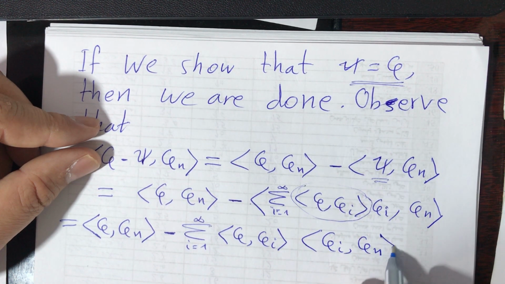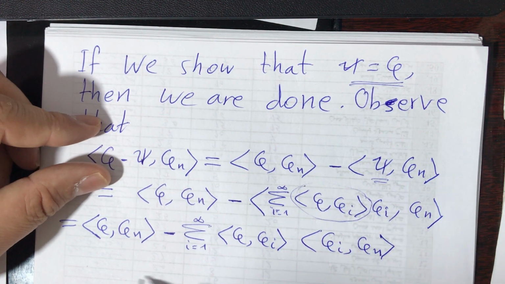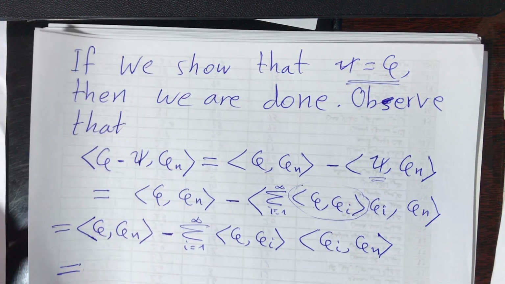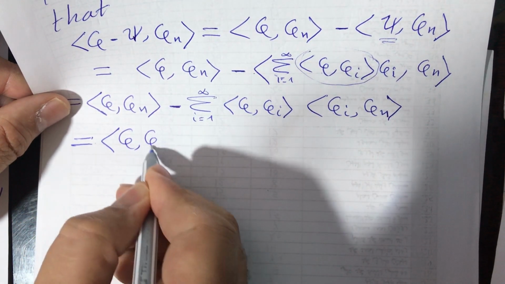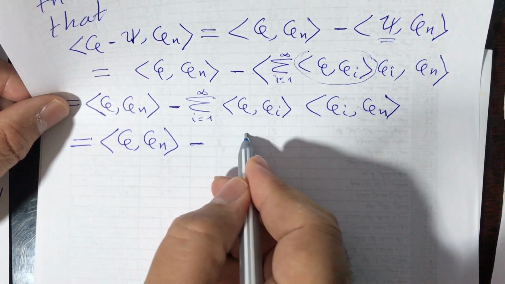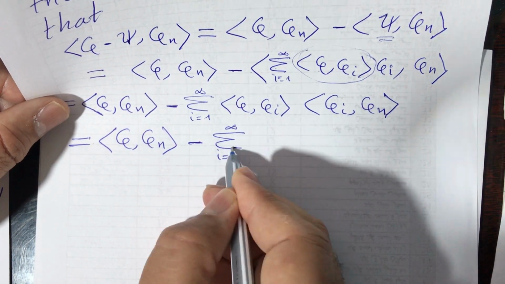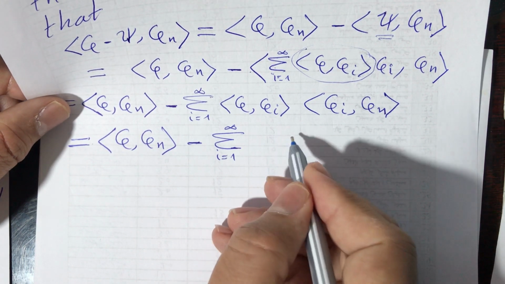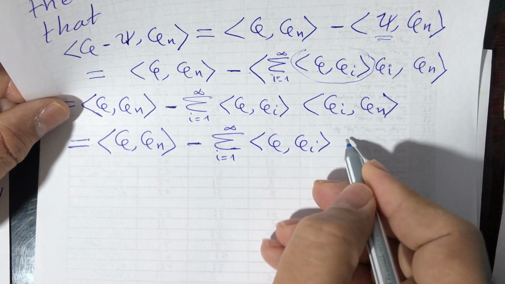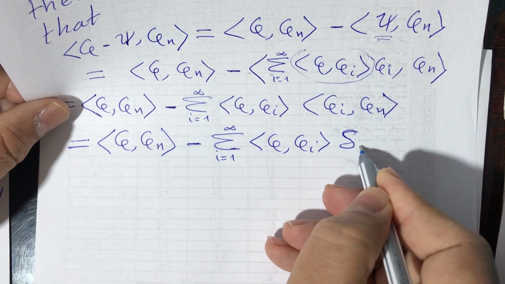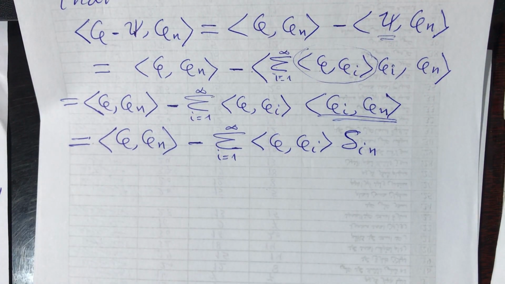Then still phi n, and this will be equal to phi n here, and this will be summation i from 1 to infinity, and here inner product phi i, and here delta i n, because this is an orthonormal sequence.